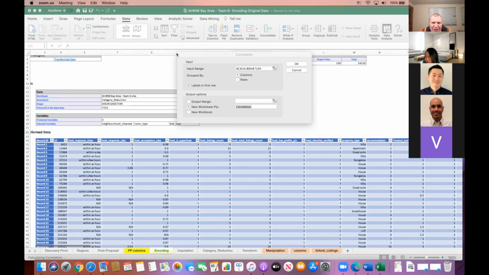Okay, so input range, correlation, C24, B. Yeah, so it doesn't like row E or row C or row M. Doesn't like any of those rows with words in it.